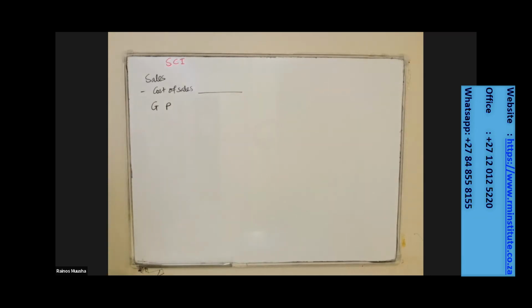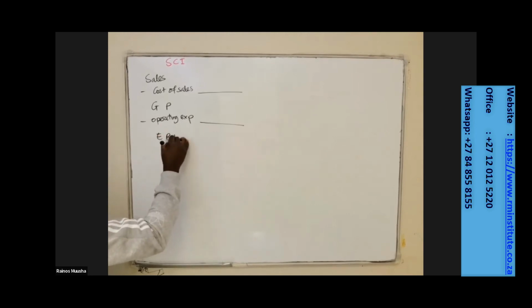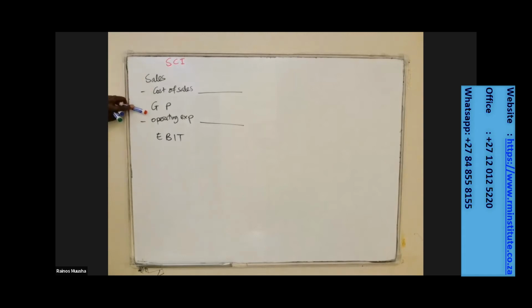So your sales minus cost of sales gives you the gross profit, minus operating expenses, and this will give us the earnings before interest and tax.